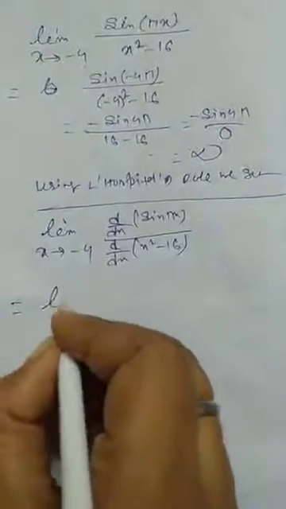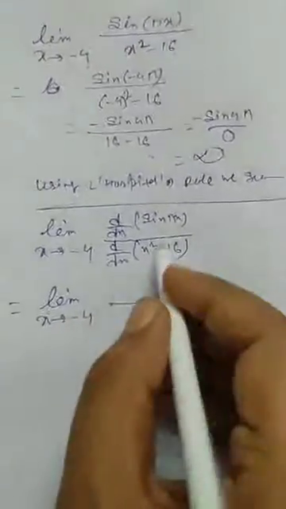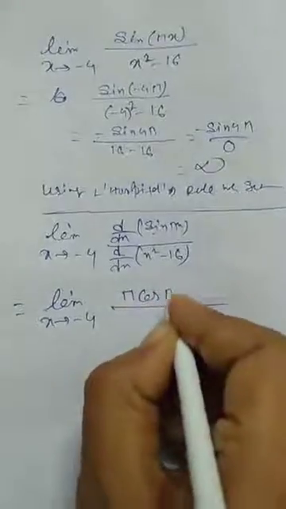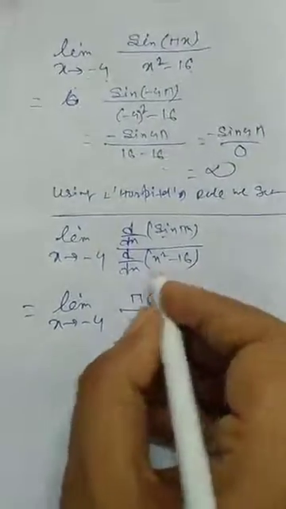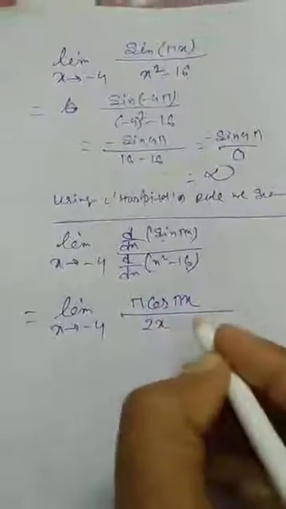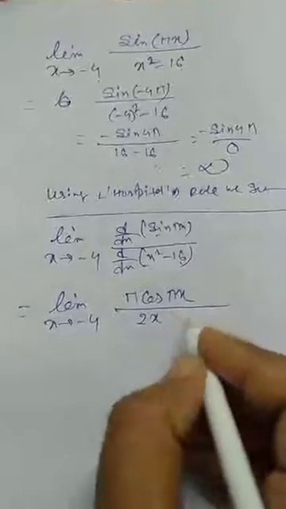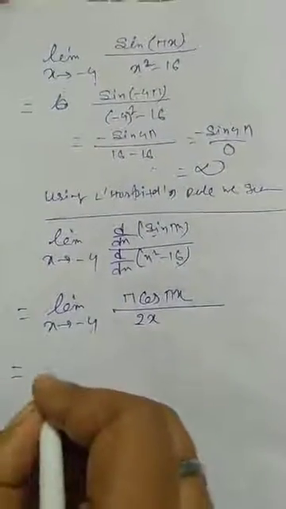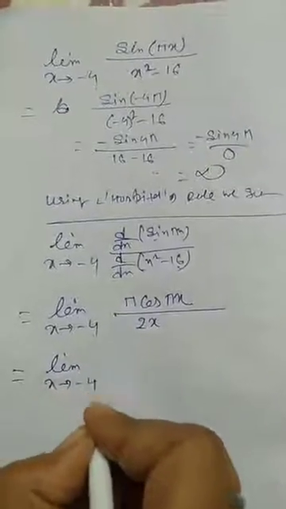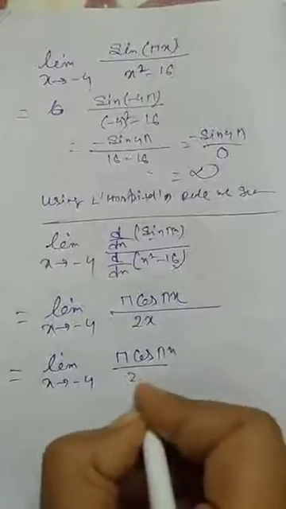We know that derivative of sine pi x is pi cos pi x, and derivative of x square minus 16 is what? This is equal to 2x. We know that the derivative of a constant is always 0, so 2x, and this is equal to limit x tends to minus 4 pi cos pi x by 2x.